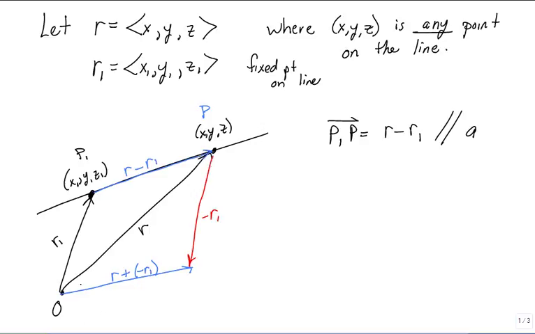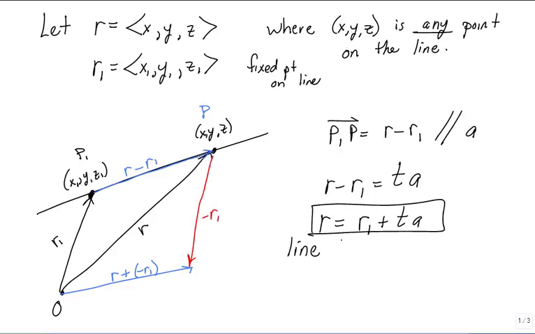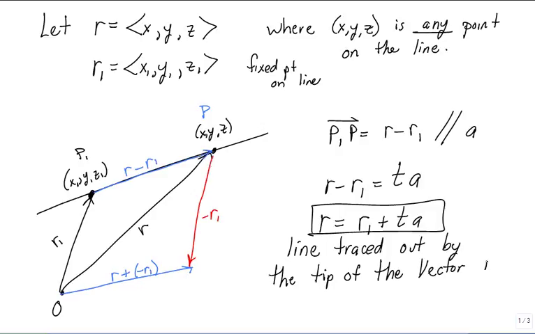which is down here somewhere. So r minus r1 is some scalar multiple of a, so the vector r is r1 plus ta. This is the line. It's the same thing we just talked about, traced out by the tip of the vector, or the terminal point of the vector r.